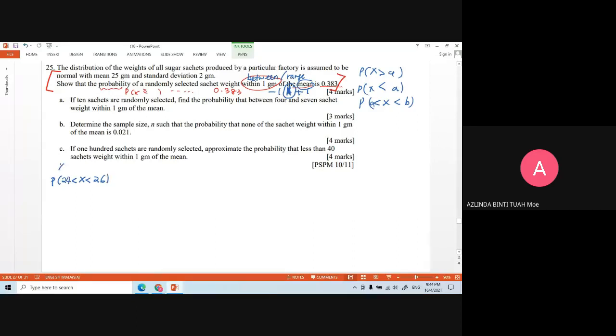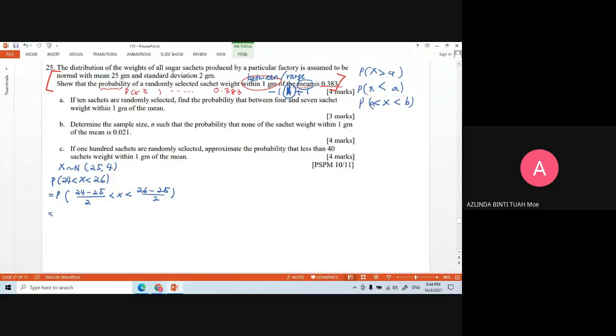Okay, ini normal biasa. Mean 25. Dia bagi standard deviation 2, so variance dia 4. Okay, 4 step untuk jawab soalan normal. Convert pergi Z. So 24 minus 25 over 2 less than Z less than 26 minus 25 over 2.